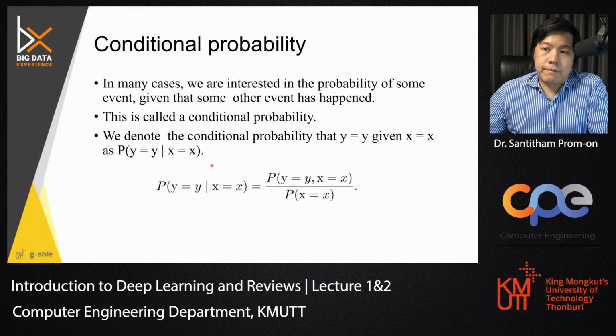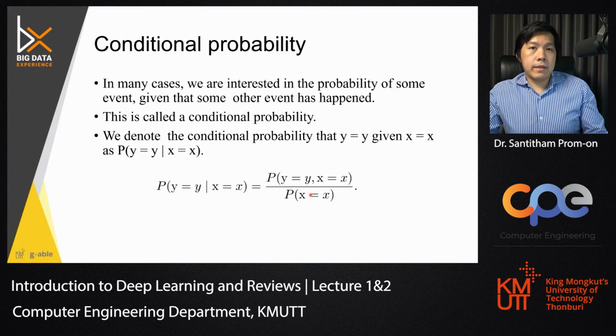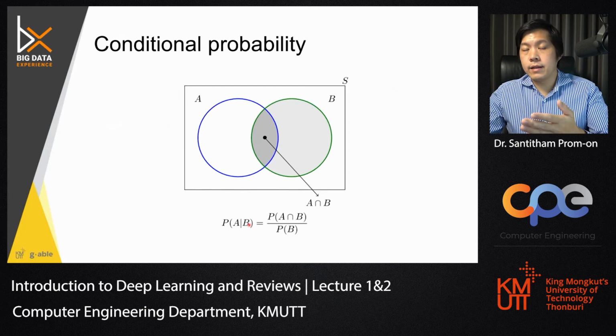So this is like P(Y = y given X = x). This comes from the joint distribution of Y and X divided by, you know that X happened, right? P(X = x).